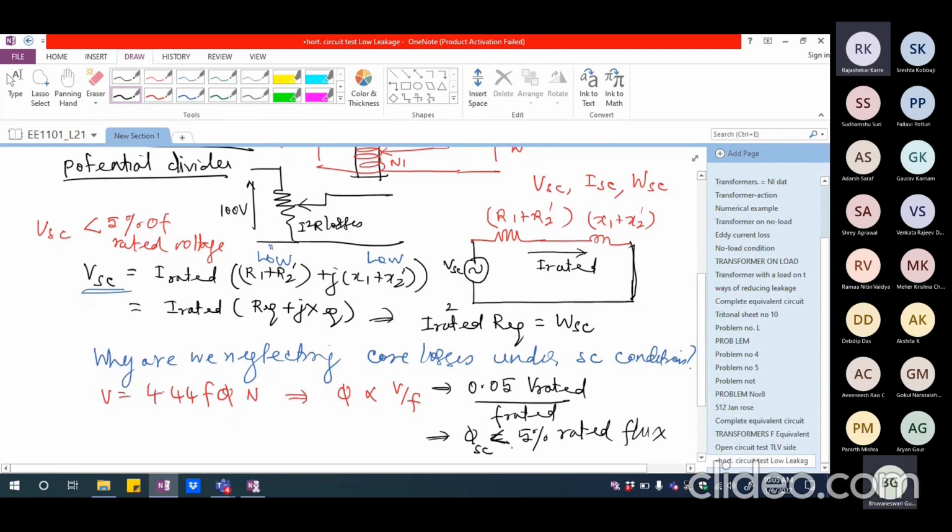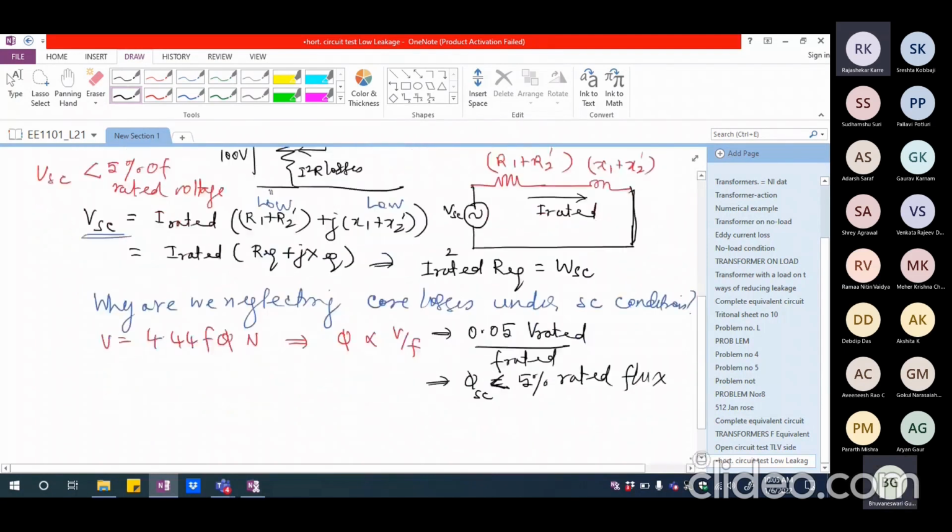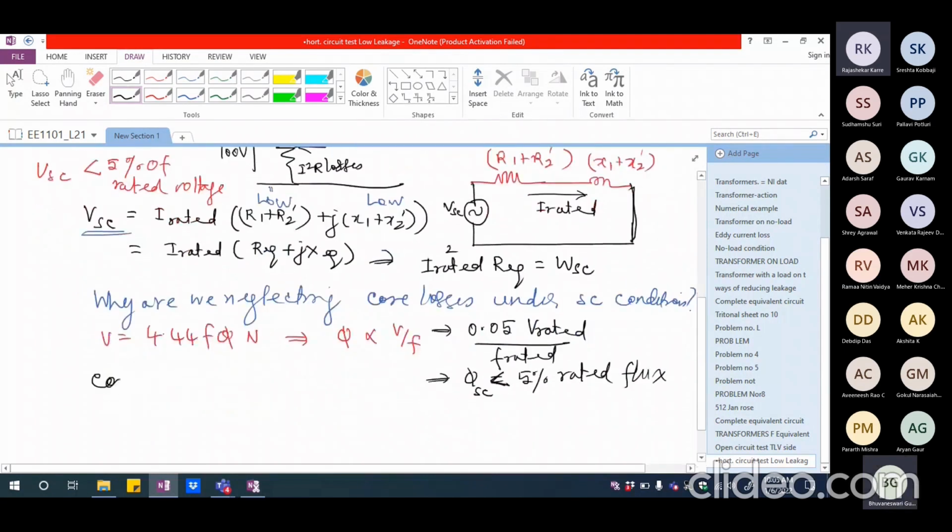The core losses are heavily dependent upon the flux value, right? So I'm going to have core losses proportional to about 5 power 1.8 or 5 power 2. So this is going to be only 0.0025 times rated core losses.